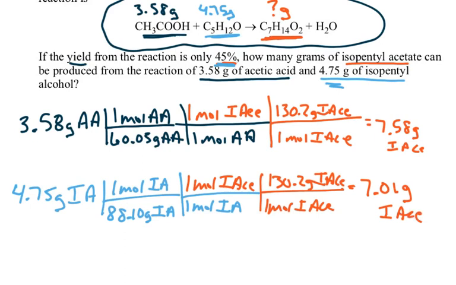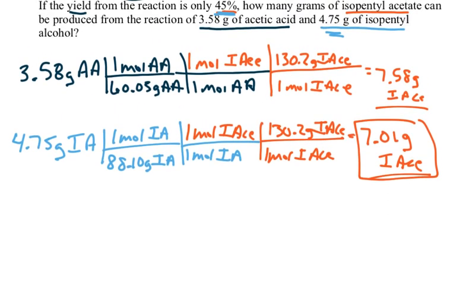So, again, we compare our numbers. This is how we find the smaller one. So we make 7.01 grams. But our yield is only 45%. So how do we deal with that? Well, we're only going to make 45% of this number. We would make 7.01 grams if we made 100%.